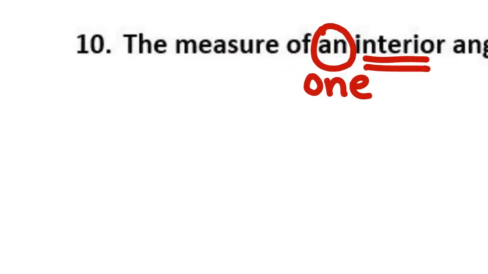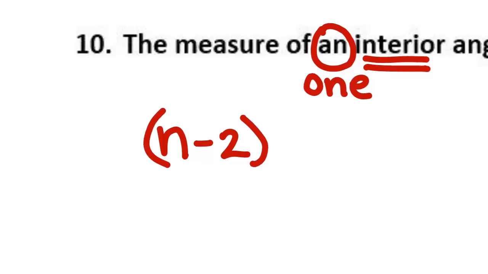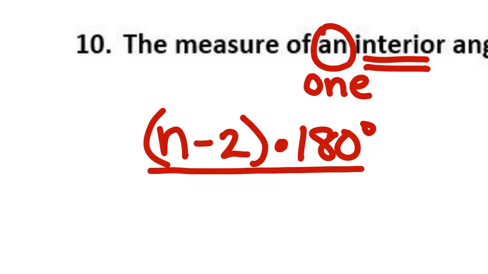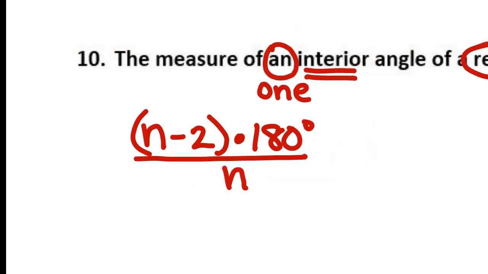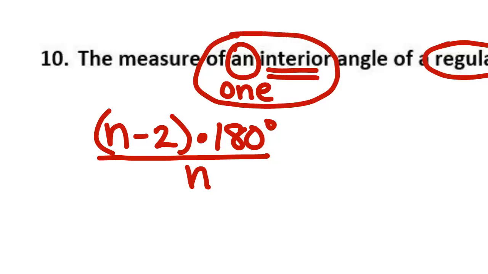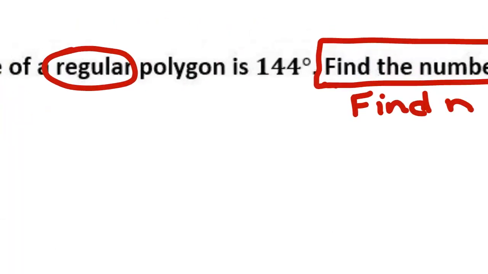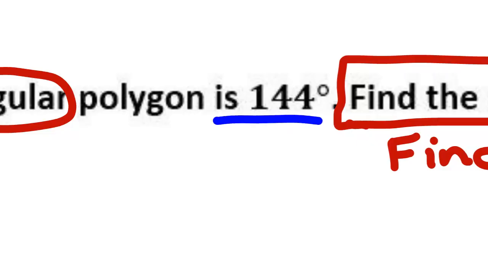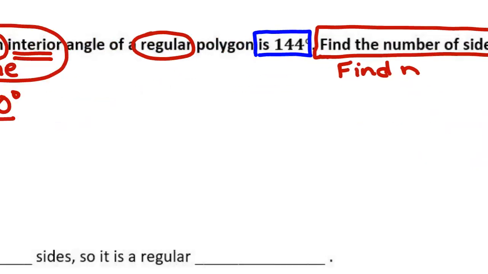We have a formula for this. It's n minus 2 times 180 divided by n. This will find 1 interior angle of a regular polygon. And they said that that is 144 degrees.